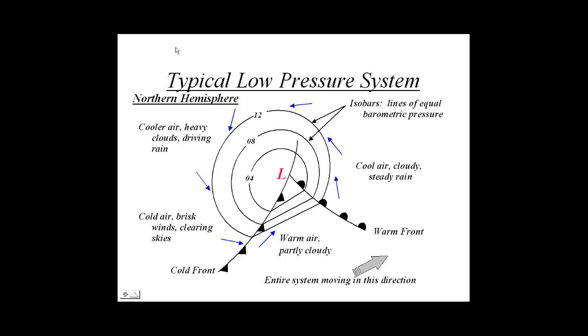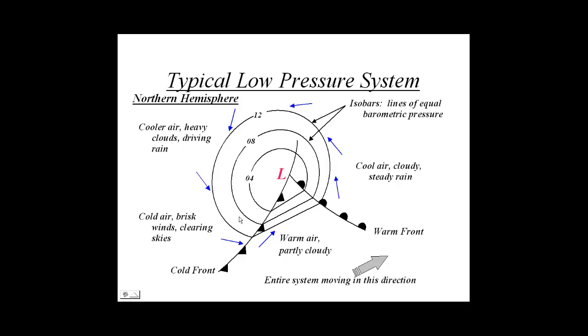And this circular pattern is shown here, and the construction of a low pressure system. Basically, this line here with the triangular barbs on it is a cold front. We'll talk more about cold fronts in a little while. And here with the round barbs on it is a warm air system.